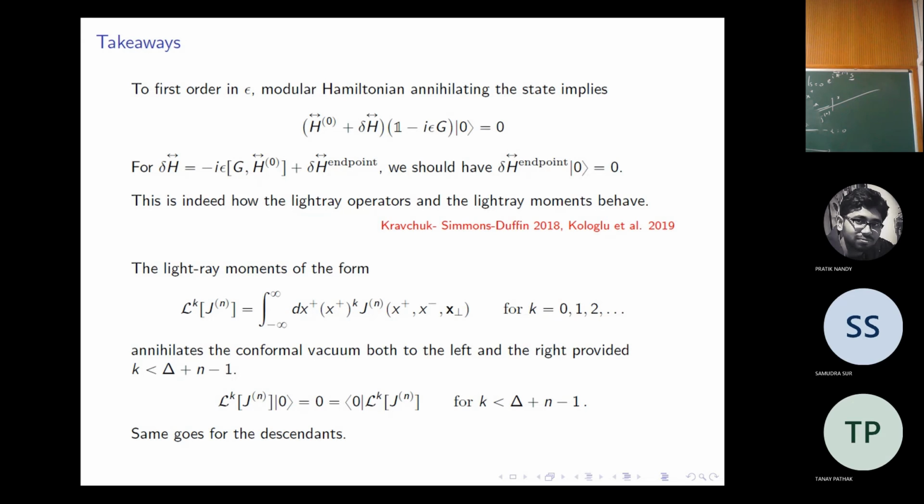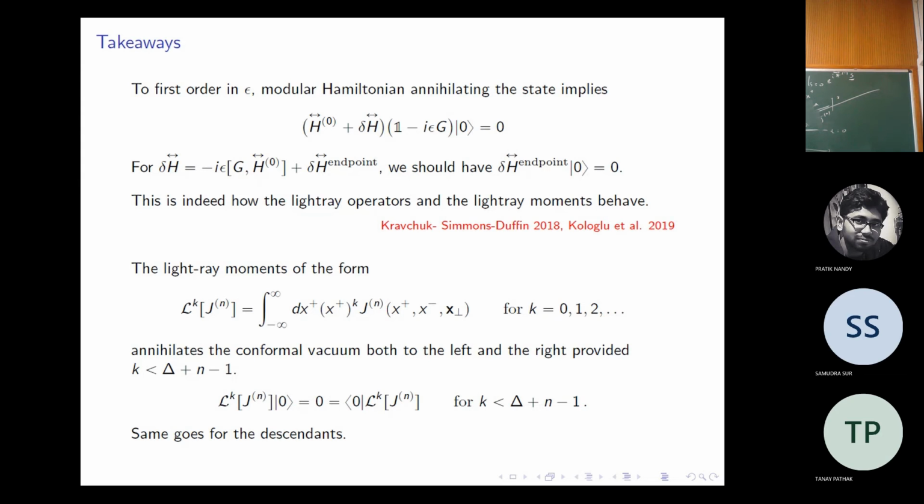What I want to point out is that this is more moments than we actually need as endpoint contribution, because our k actually goes only till n minus 2. So there are actually more operators which satisfy this condition. If you started trying to find the endpoint contribution purely in terms of this constraint, you would end up with more operators than are actually present.